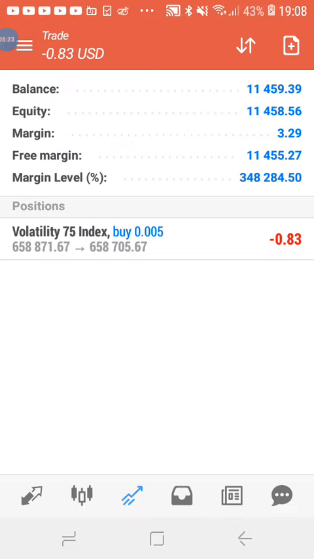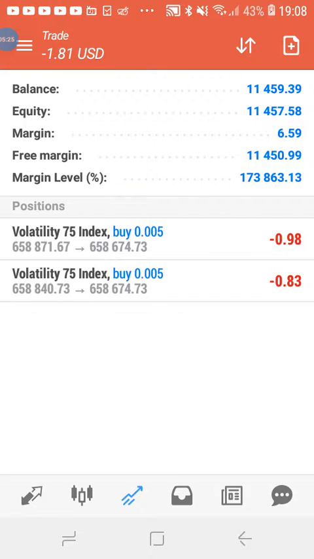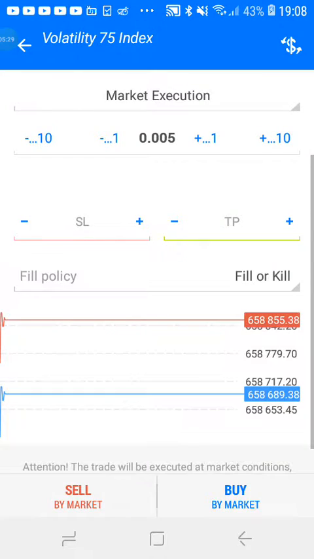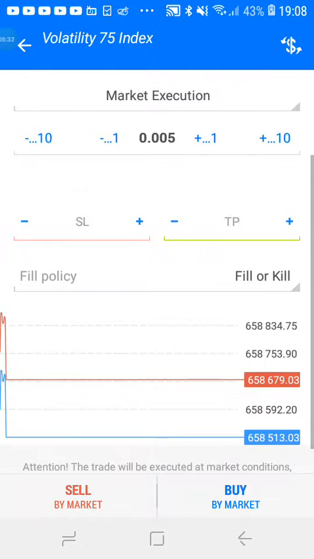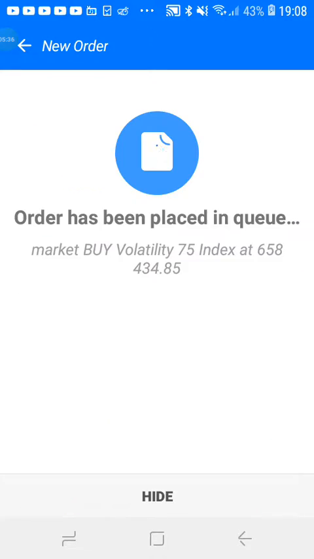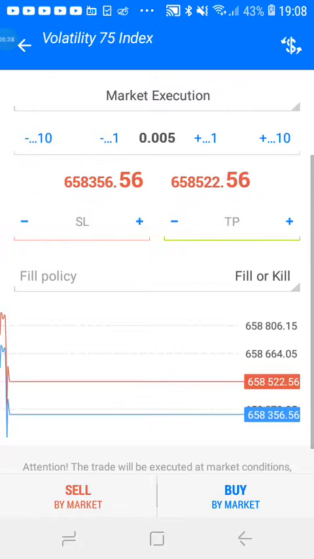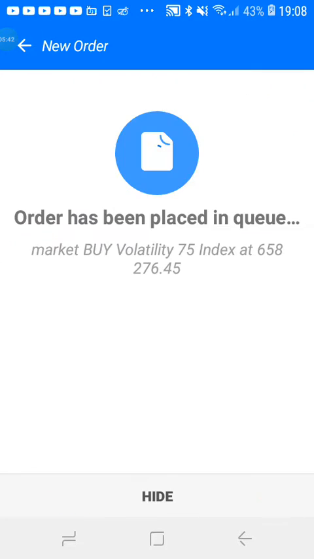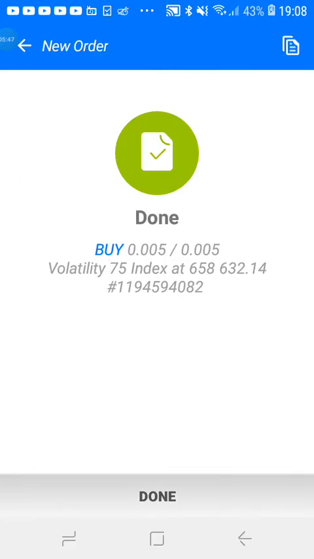So let us just buy. M1 is very weak in the sense that it's always doing what the price is doing, it makes the most noise. If you want to hear a lot of noise on the charts, go to M1.